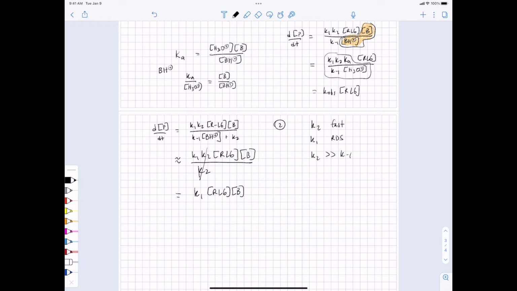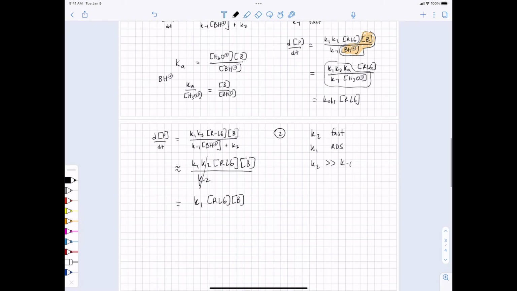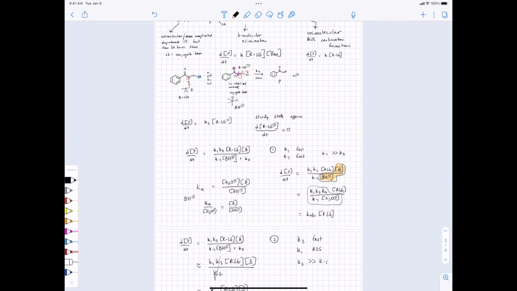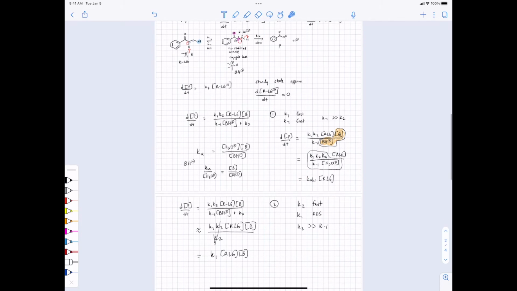So E1CB sort of describes an alternative to elimination that involves removing the proton first, but you're seeing that based on these two scenarios that we're envisioning, we can have something that's unimolecular or bimolecular.